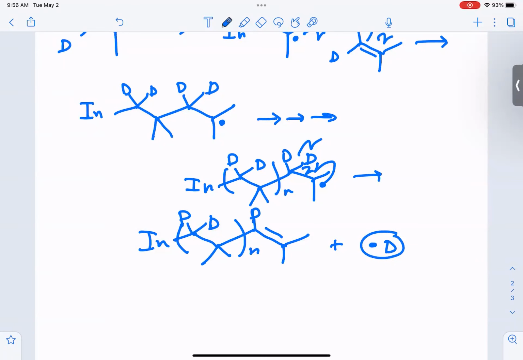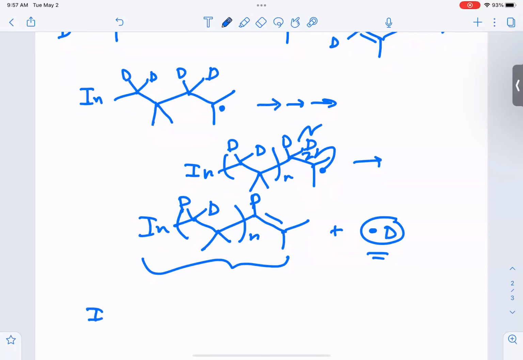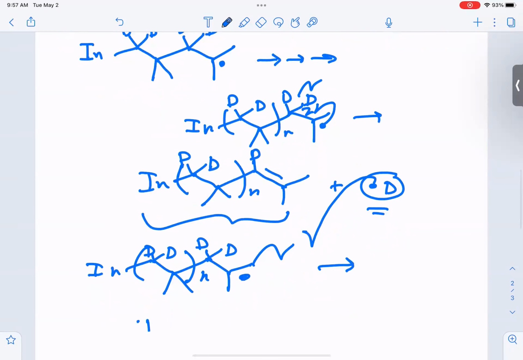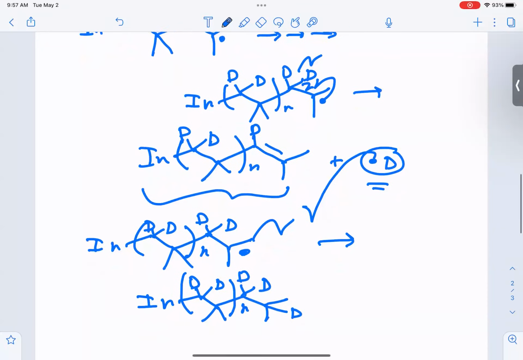If you have product that forms like this, and you make this deuterium radical, that second product can come from more of our chain growth radical, and that combining.